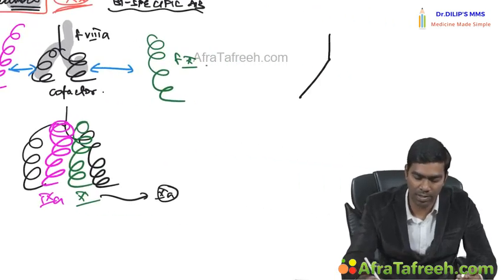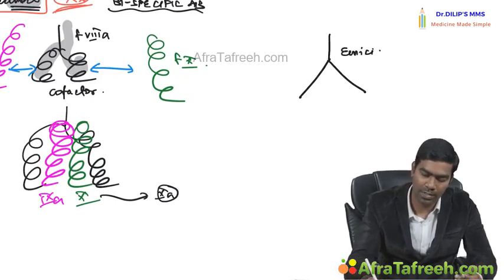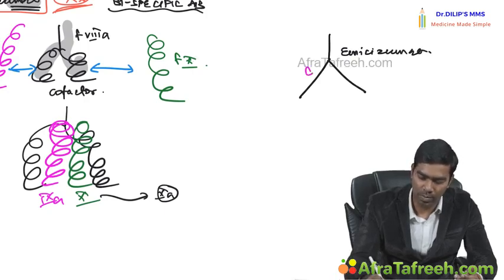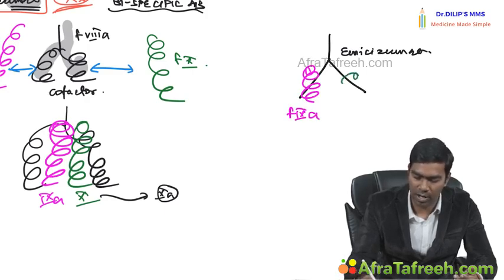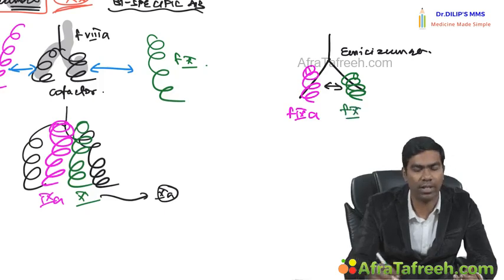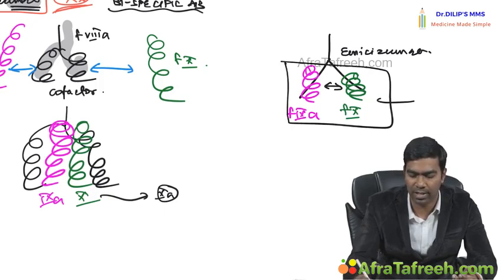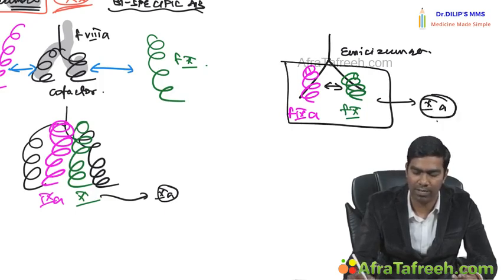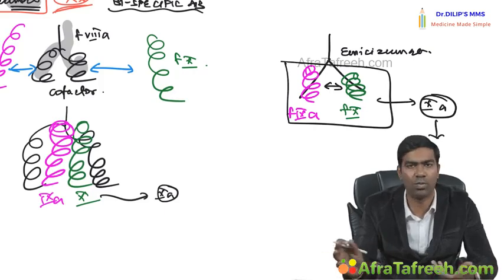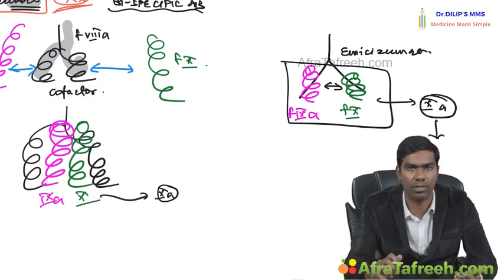What emicizumab does is, it acts like factor 8A, which means it's a bispecific antibody. On one end, it binds with activated factor 9, and on the other end, it binds with factor 10, which means it also brings both factors together, and they form the reaction site and produce activated factor 10, which is the common pathway, and downstream it activates fibrinogen and thrombin.